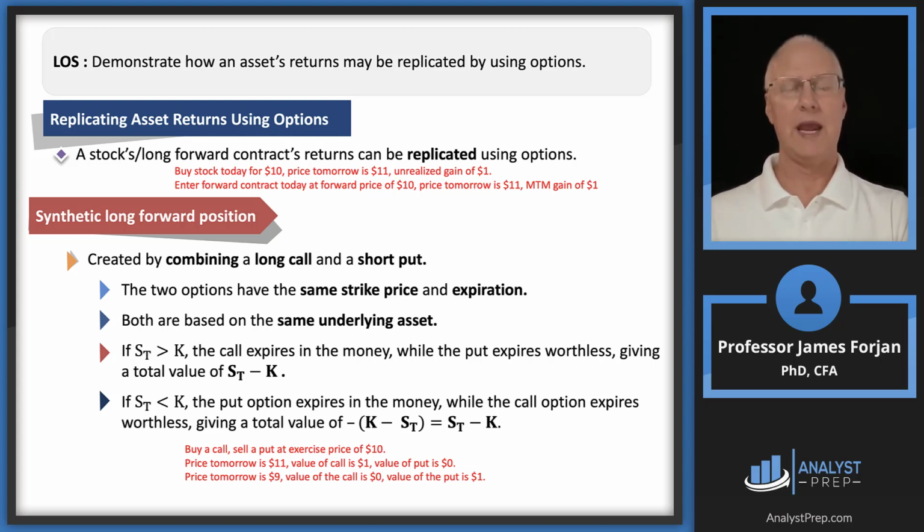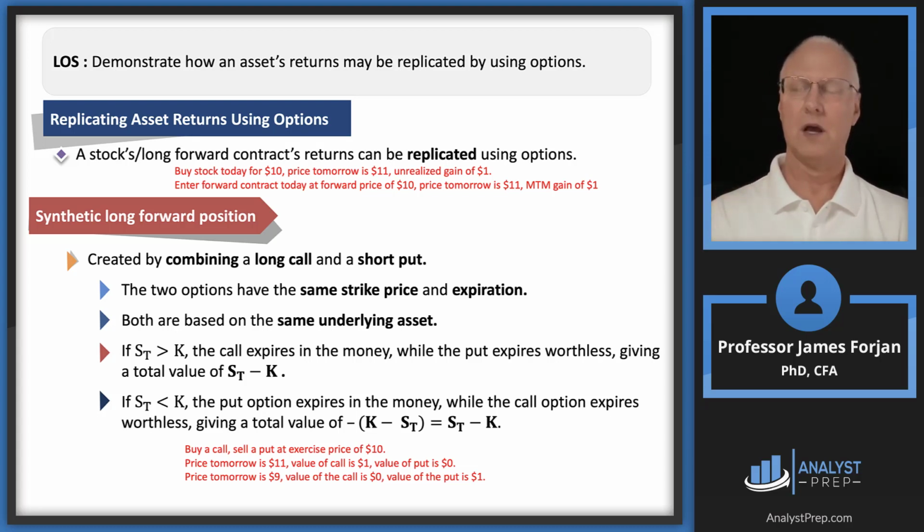That mark to market gain is going to be $1. All right. So buying the stock and having the long position in the forward contract, they both have that gain of $1. Forget about the realized or unrealized portion of it. So now we have to ask ourselves the question, can we replicate that $1 with an option?